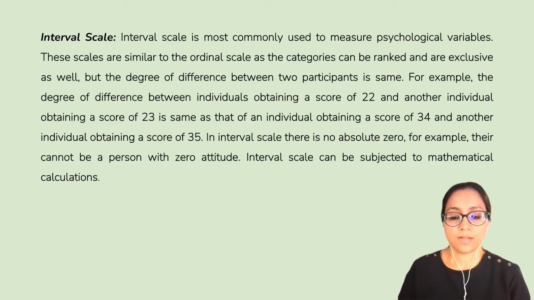For example, the degree of difference between an individual obtaining a score of 22 and another obtaining a score of 23 is the same as that between an individual obtaining a score of 34 and another obtaining a score of 35. In interval scale, there is no absolute zero. For example, there cannot be a person with zero attitude. Now, interval scale can be subject to mathematical calculations. So this is about the interval scale.